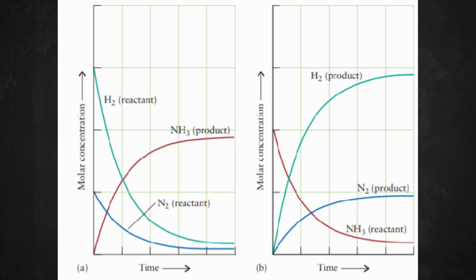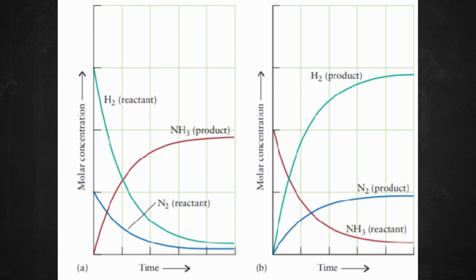Ammonia starts decreasing, but suddenly they don't change anymore over time. Well, it happens because of the equilibrium. Hydrogen and nitrogen, which are the products of the decomposition of ammonia, start reacting, making ammonia, and the rates of both reactions are the same. So we don't see change in the compositions anymore.